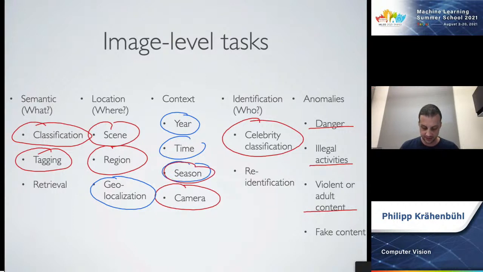And then there are 2 problems that don't fit in either classification or regression, which is retrieval and re-identification. And here we're really trying to figure out what is the similarity between different images.